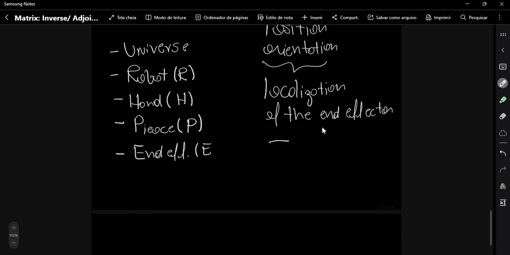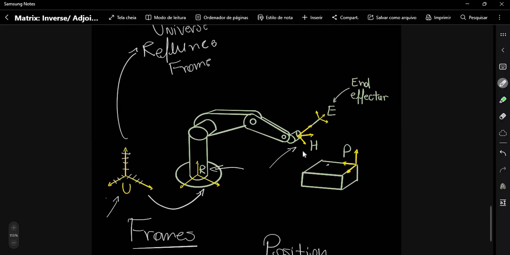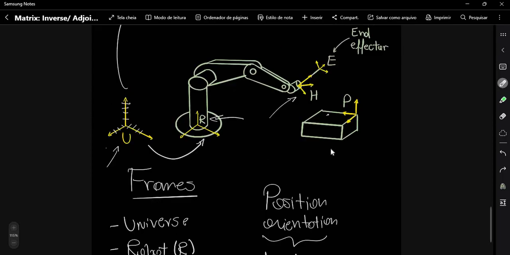So the transformation is the transformation of the end effector in relation to the reference frame U, the transformation of the frame E in relation to the frame U. This is the first transformation that we can write, just by interpreting the task that this robot has to perform, and it is based on this reference frame, because we want to know its position and orientation all the time.